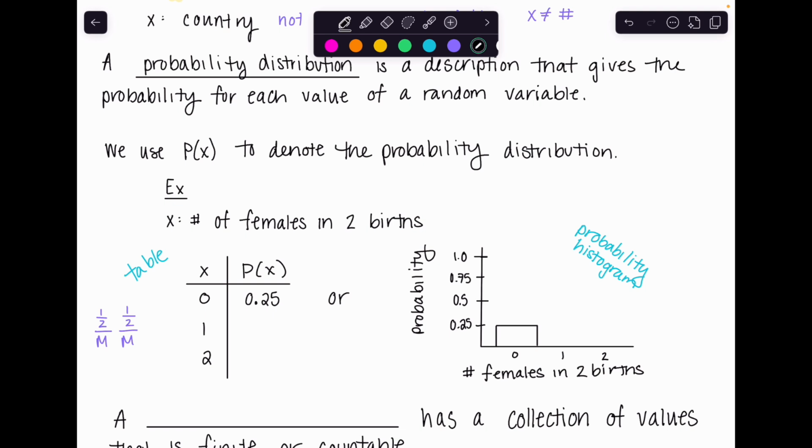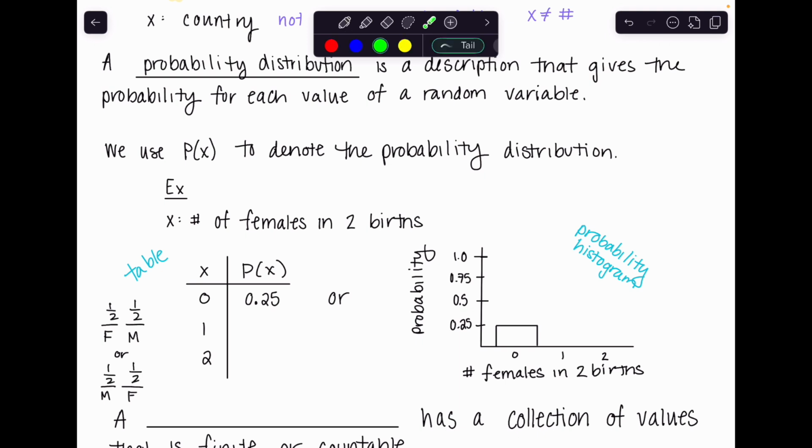Now, if you consider the chance of having 1 girl, well, again, you're having 2 kids. So it could be that the firstborn is a girl and then the secondborn is a male. Or there's another way that this can happen. Your firstborn is a male, your second is a female. And either way, they have a 1/2 chance.